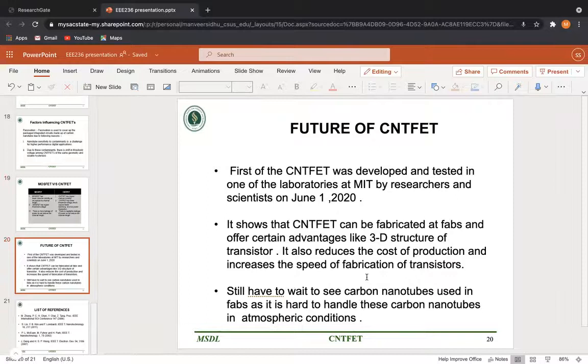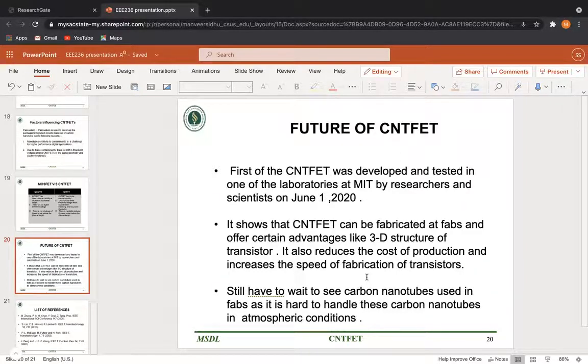So what does the future hold for the CNTFET? First, the CNTFET was well tested in one of the laboratories at MIT by researchers and scientists on June 1, 2020. It shows that CNTFET can be fabricated at fabs and offers certain advantages like the 3D structure of the transistor. Most of the transistors that are built today are 2D.